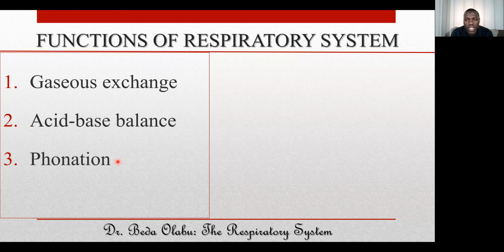So phonation is production of sound, speech. Usually, speech has 2 components: phonation and articulation. The articulation is the modifications that sound goes through, and usually articulation occurs at the level of your mouth. So the oral cavity structures, the palate, the tongue, the lips, the teeth, those are the ones we're using for articulation. But phonation is a primary function of the lung.